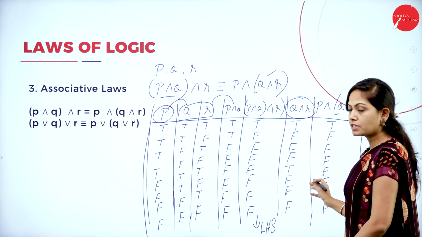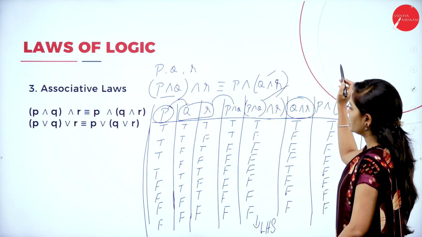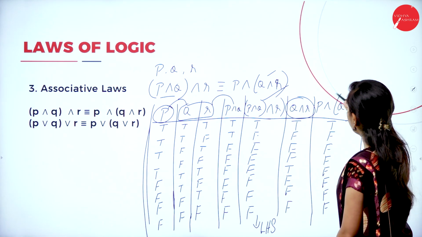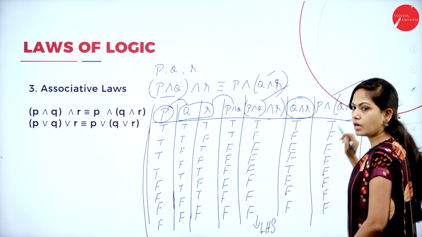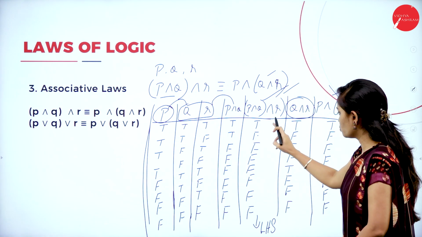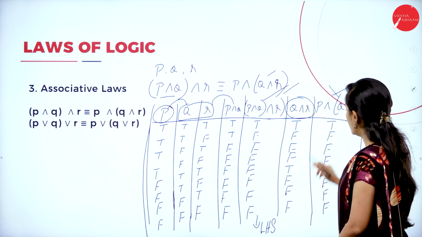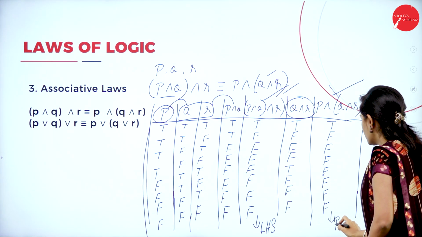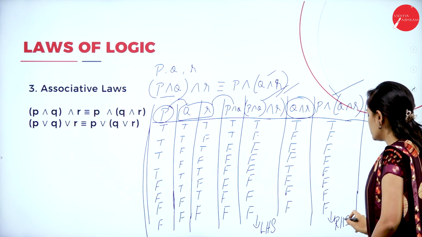Now you can cross verify the LHS and RHS. See the LHS and RHS truth values: true, false, false, false, false, false, false, false for both. Is this equivalent?